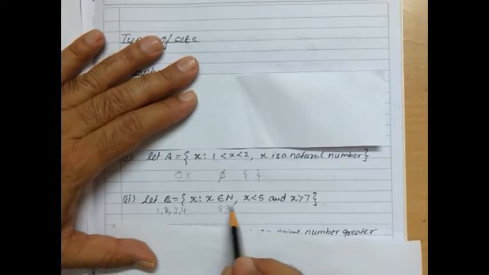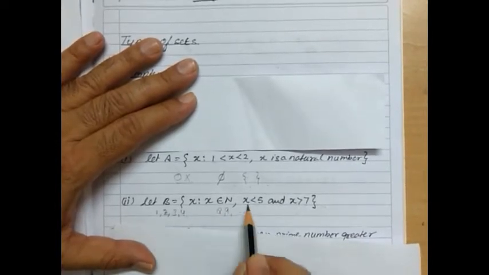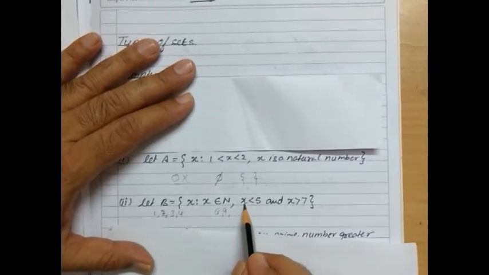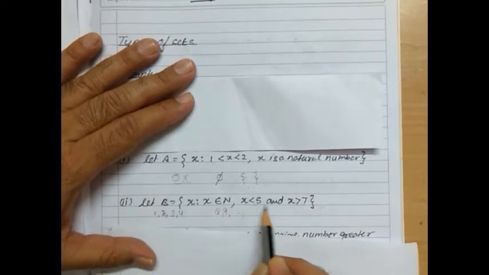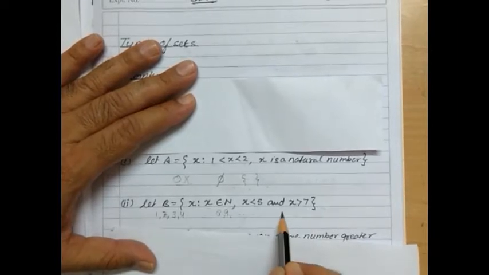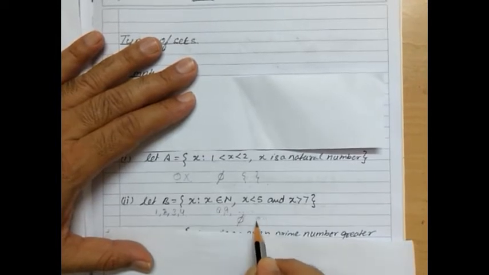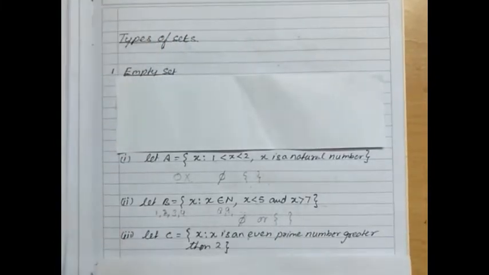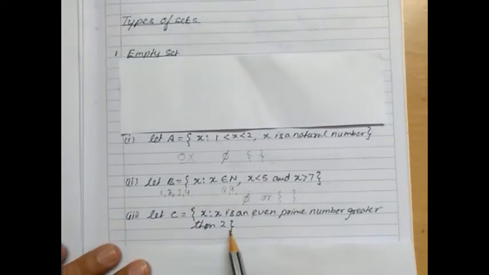So the conditions are not being satisfied together. We cannot have a value of x which is both smaller than 5 and greater than 7. So again we will not have any element, and this will also be represented as phi or empty braces, isn't it?